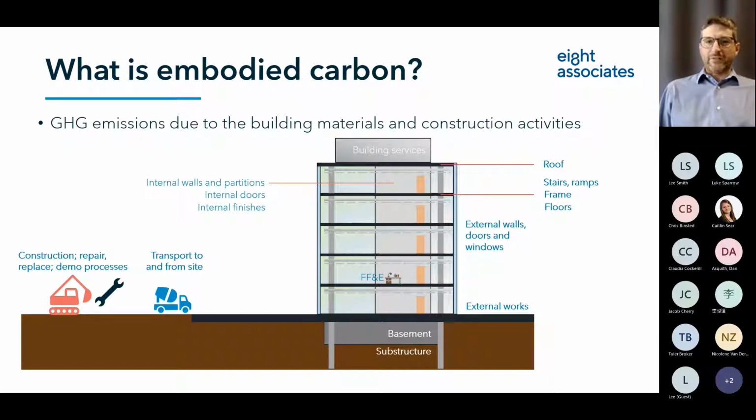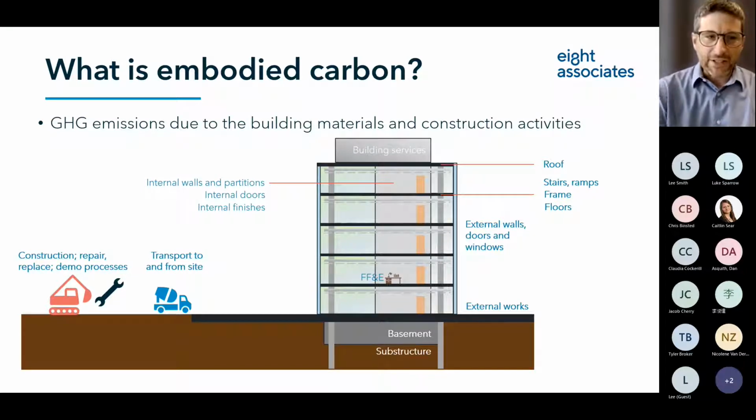You can see building services, equipment, the roof, materials in the roof, stairs, ramps, frame, internal walls, all the different bits of the fabric and materials and products in a building would be included in embodied carbon, and the emissions that come from those, from the manufacturing process and processing and all the other stages in the life of a material.